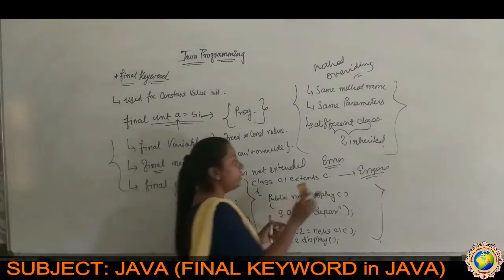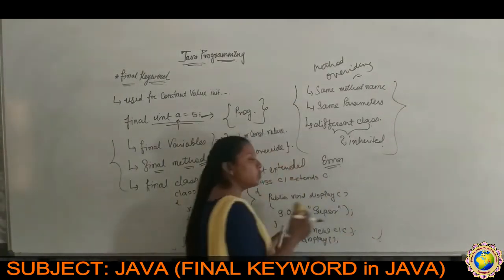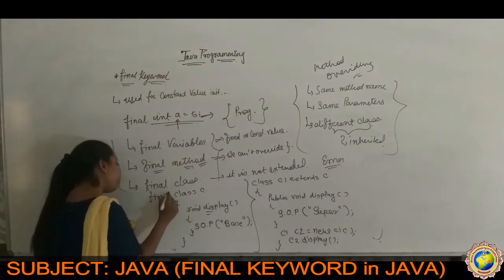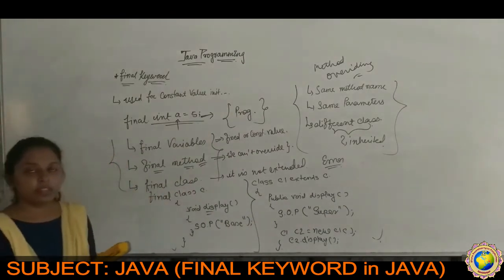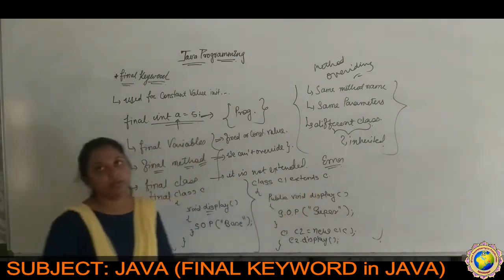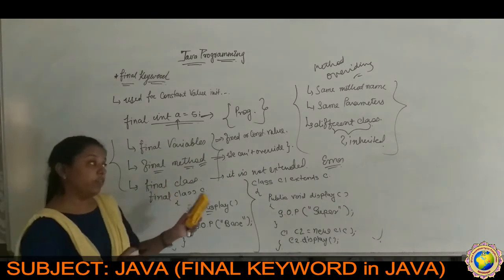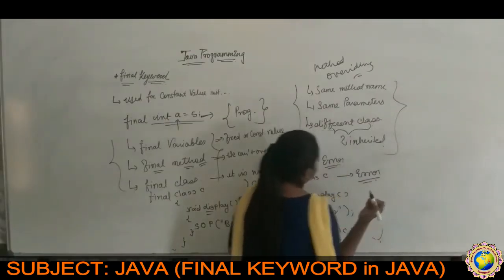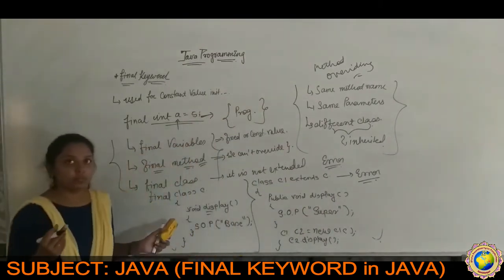So it will give our output as usual. But whenever we have defined a final class, then it cannot be extended. So it will give a compile time error.